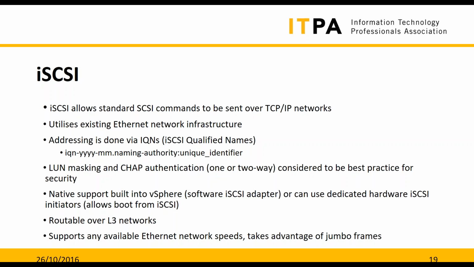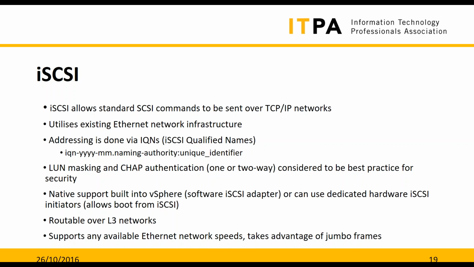Now, native support for iSCSI is built into vSphere through a software iSCSI adapter, or you can use dedicated hardware, such as a hardware iSCSI adapter, to allow boot from iSCSI. So with Fibre Channel, you can boot a device from a Fibre Channel provider in general, because you tend to use hardware adapters where the ability to connect to the storage provider is built into the adapter.